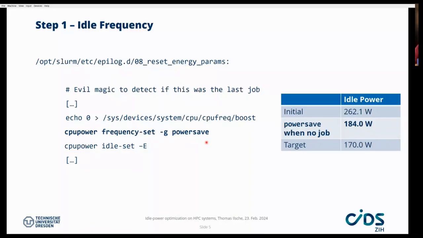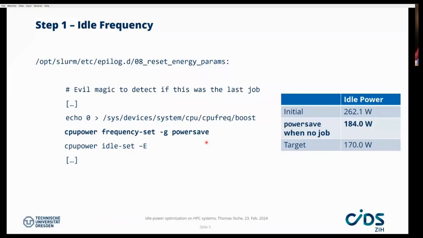And this is the idle state that we are interested in, the full idle state. And basically, this script with one line of code saves about €250,000 over the lifetime of the system, just by reducing the frequency with no executed jobs. And this was done by the vendor during the acceptance test.